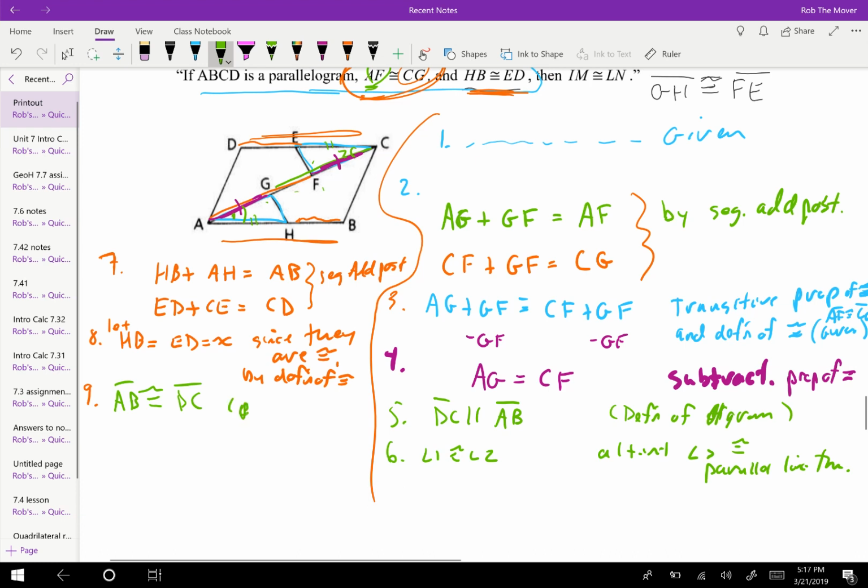They're congruent because they're opposite sides of a parallelogram. So I'm going to let y equal AB, which is also going to be equal to DC, right? Since they are congruent by definition of congruency, etc.